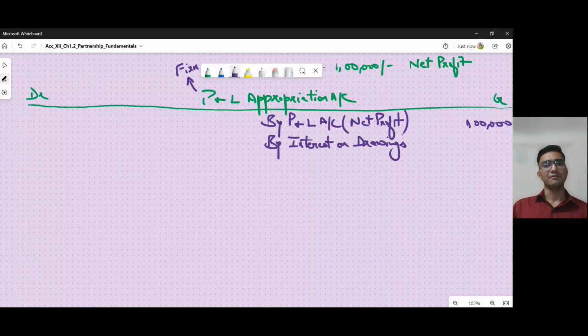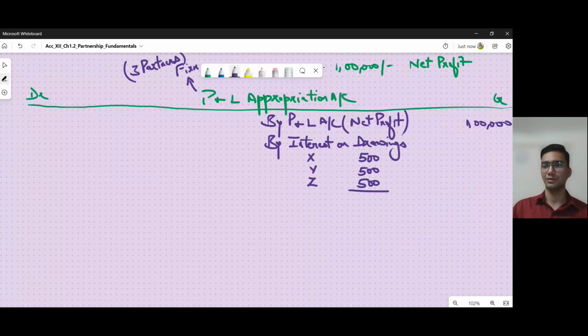Now let's say in our firm we have three partners, and all three had withdrawn some money, which was the drawings. Let's say the partners' names are X, Y, and Z. X had withdrawn 500, Y had withdrawn 500, Z had withdrawn 500.